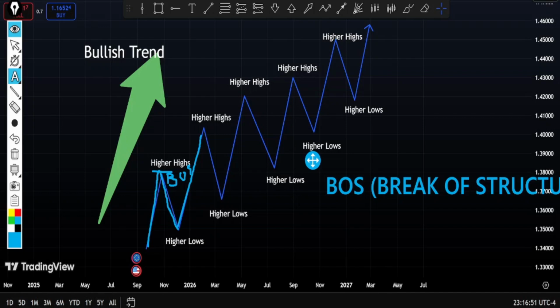You most likely find a break of structure at this high.